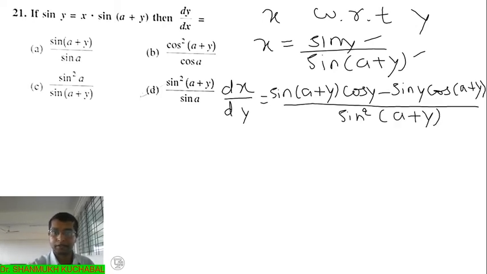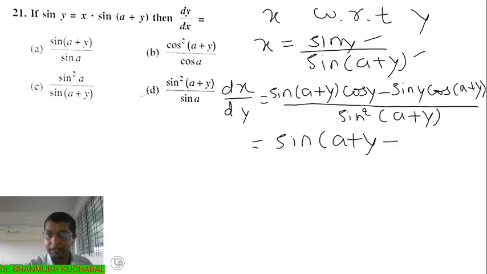Okay, so further, the numerator is of the form sin a cos b minus cos a sin b. This can be written as sin(a minus b), where a is a plus y and b is y. So sin a cos b minus cos a sin b is sin(a minus b).